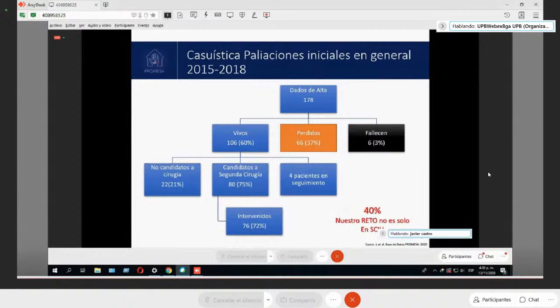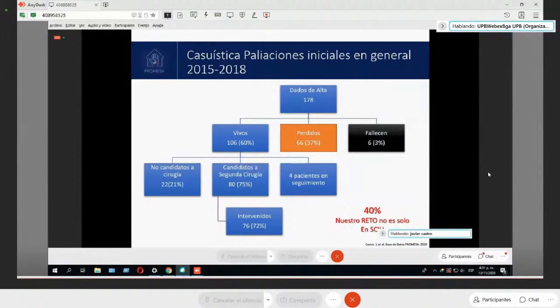And when we reviewed our cases, we went beyond, to patients that received some sort of palliation without being HLHS. Out of 178 patients discharged, we have a large percentage, up to 37%, that are lost. 3% die, and we have a large 40% of patients lost once they leave the hospital after the first intervention.